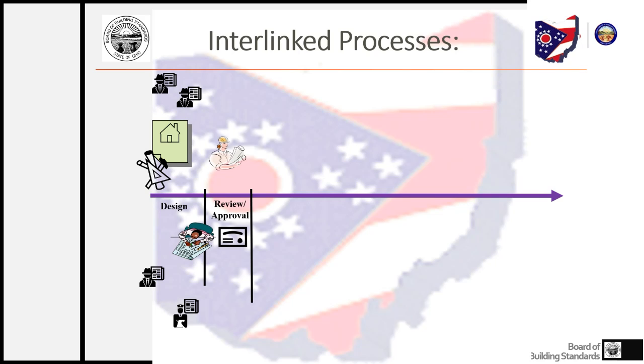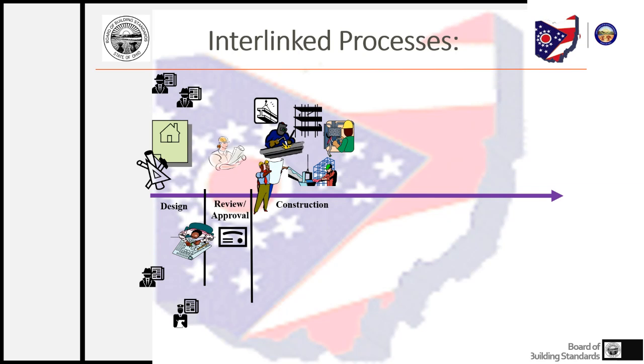Building official determines, based on the plans examiner's recommendation, whether a certificate of plan approval can be issued, and that is the first approval and the point at which the building owner is granted a license to start building, so he can get his drawings out, start talking to his contractors and his builders, and he starts making this construction.